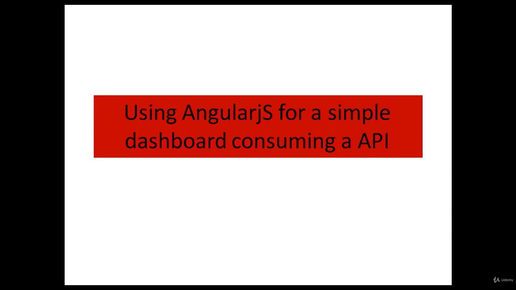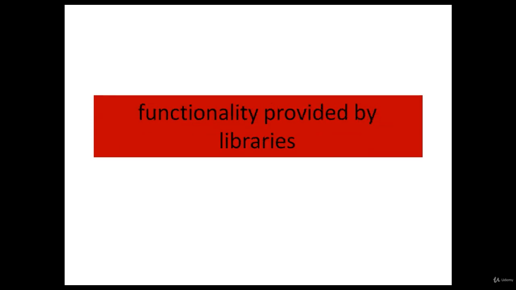To assign a value in AngularJS, I currently use app.constant in the app.js file. The Angular CLI and Angular apps depend on features and functionality provided by libraries that are available as npm packages.